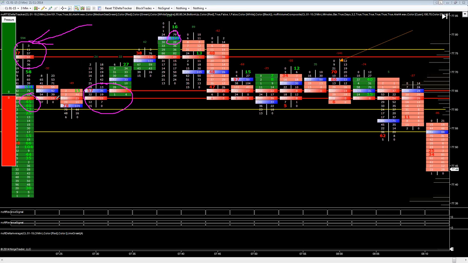But we had block sellers sneaking in as we're making this higher high, and we started to see some sell imbalances as we were coming in to make this final high. And then we make the turn here. In other words, we form that pivot top there.